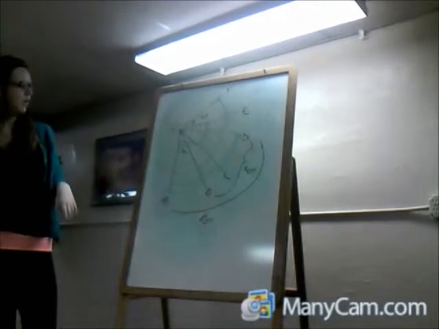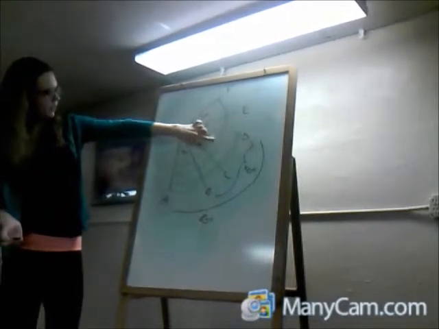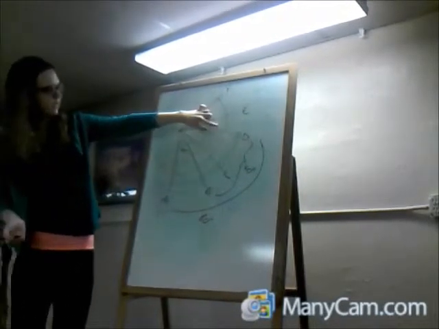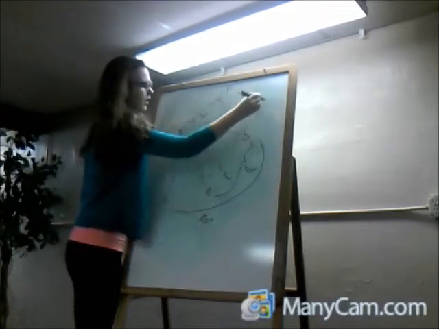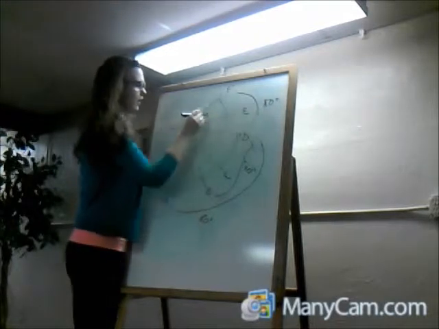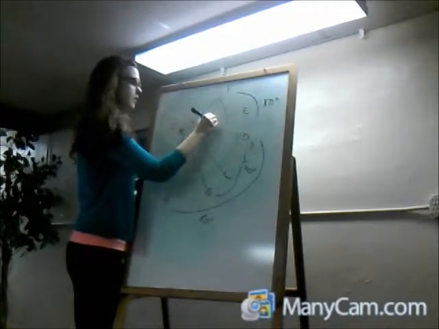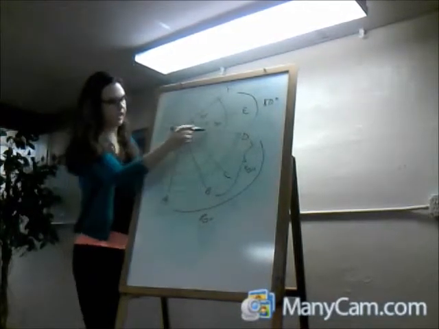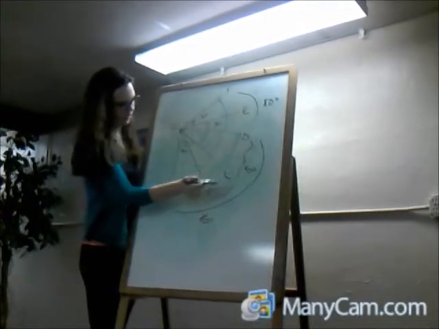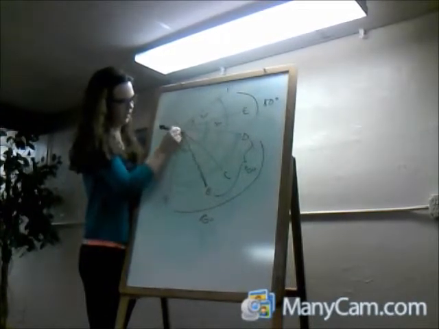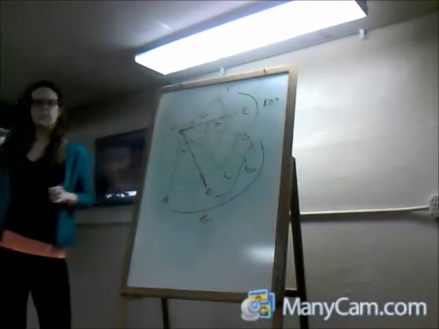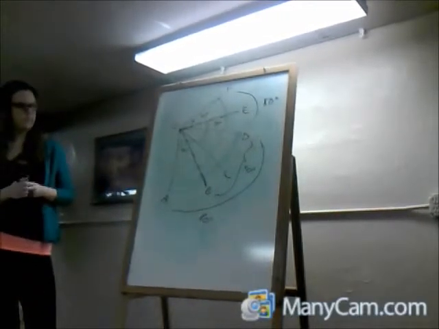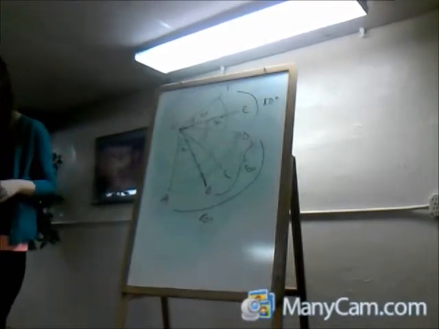From the other piece of information, this equals this, so this needs to equal 80. If this is 30, this is 50. So we just add 50 to 40 to get this angle measure. That's not too bad, but it's a little weird.